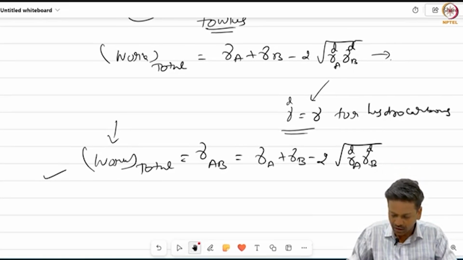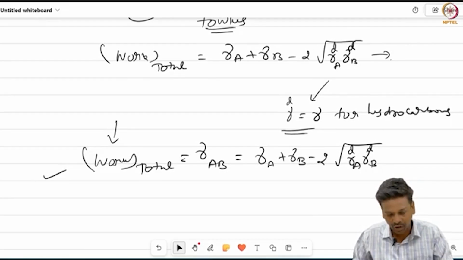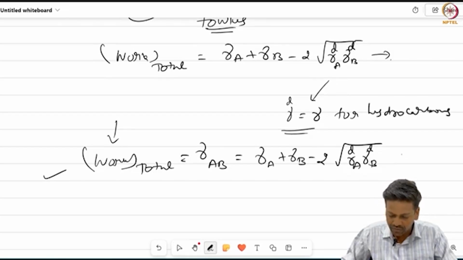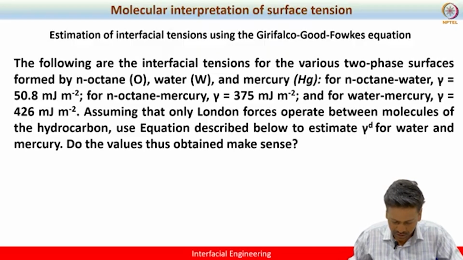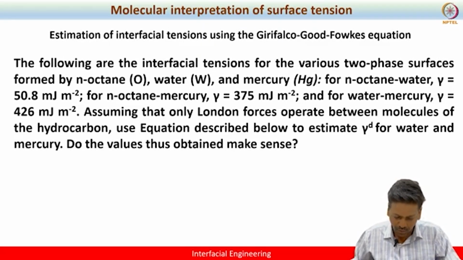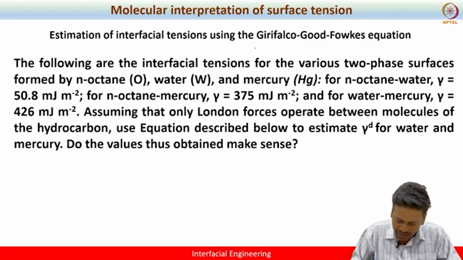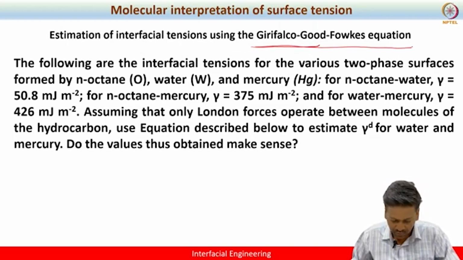We will try to solve one problem as part of the tutorial today, using this equation. Here we have a problem where we need to apply the Girifalco-Good-Fowkes equation that we just saw.